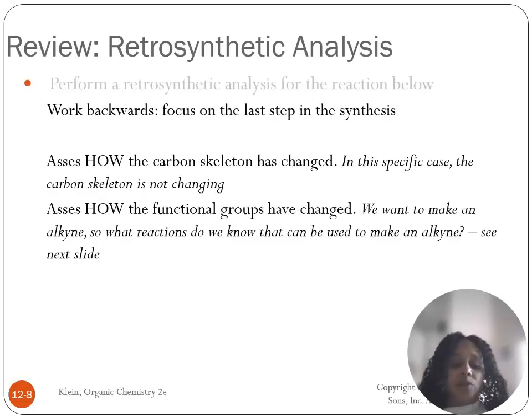So to review retrosynthetic analysis, now that you've learned a bunch of different reactions, they mostly come under the category of addition, elimination, substitution, and radical reactions. They're all kind of the same, similar types of things, except radicals are a little bit different. Now that we've learned some more, and we're going to be learning even more, they're all kind of related to what we've already learned. They're just different functional groups and different starting materials and things like that.